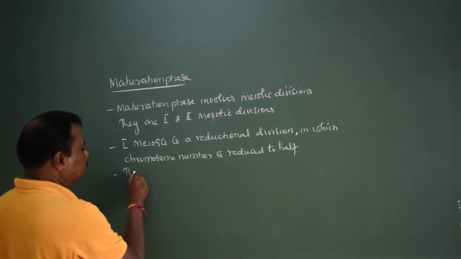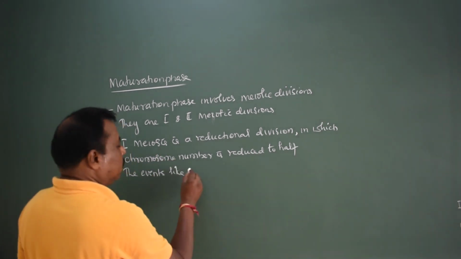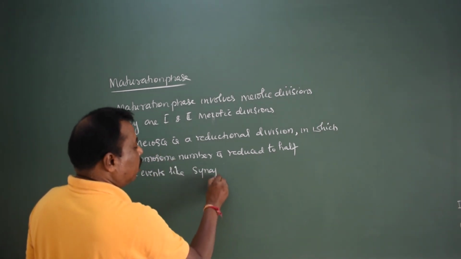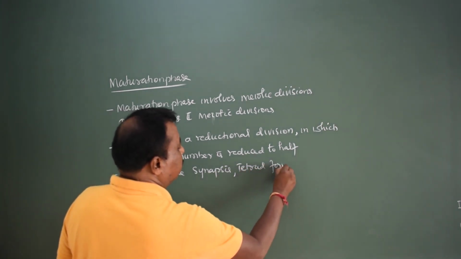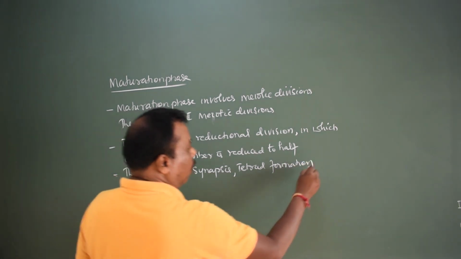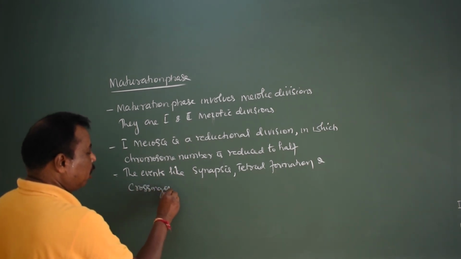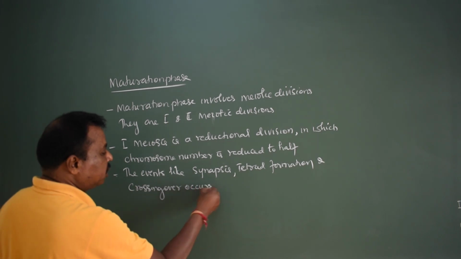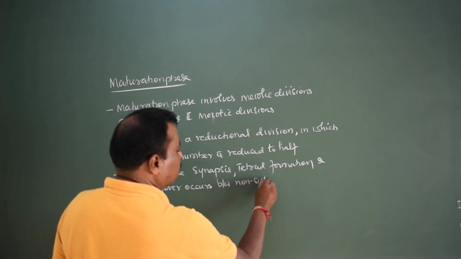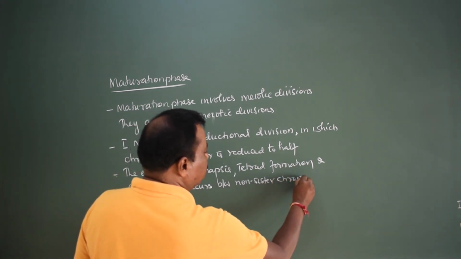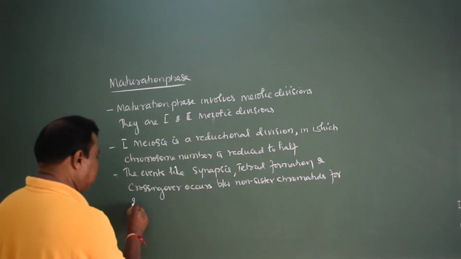The events like synapsis, tetrad formation, and crossing over occur between non-sister chromatids for exchange of genetic material.